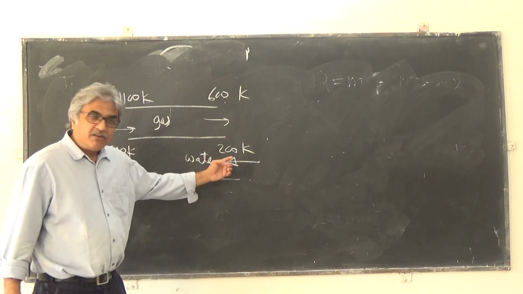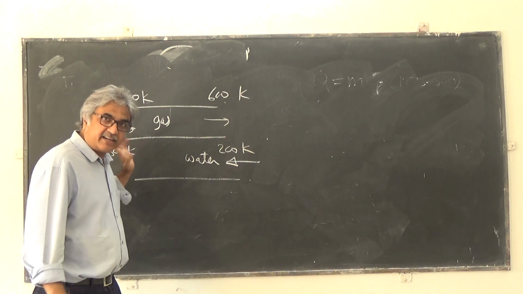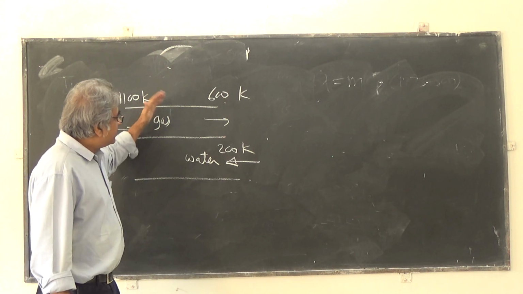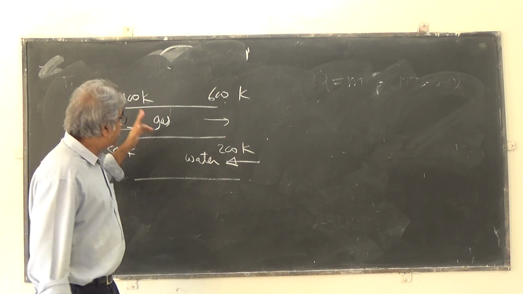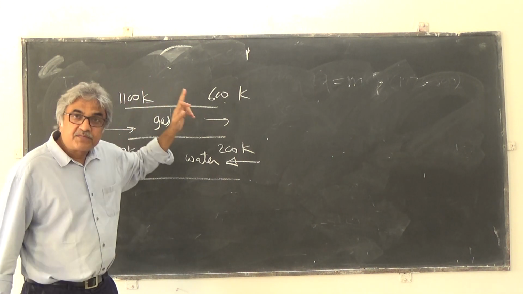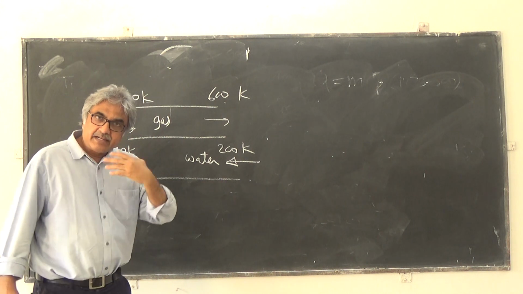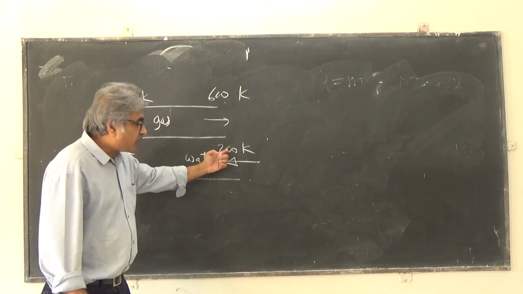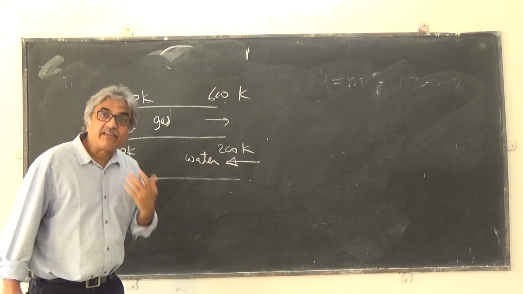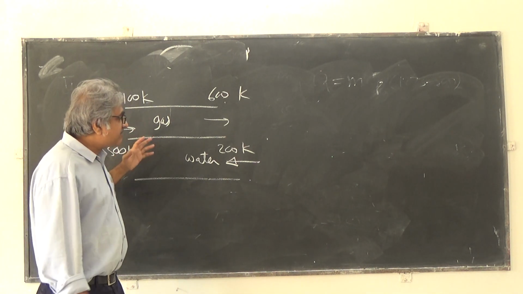So water is heated from 200 to 500. So all the heat that is given by the gas, when its temperature drops from 1100 to 600 Kelvin, is received by water and its temperature will rise from 200 Kelvin to 500 Kelvin. Okay. So this is what it is.